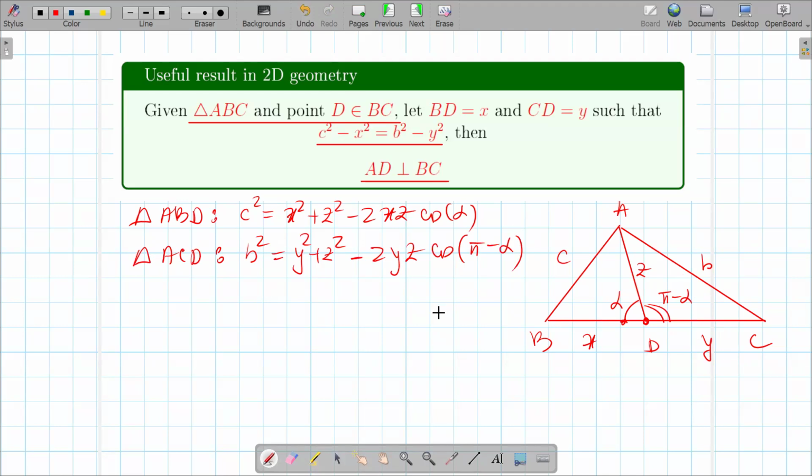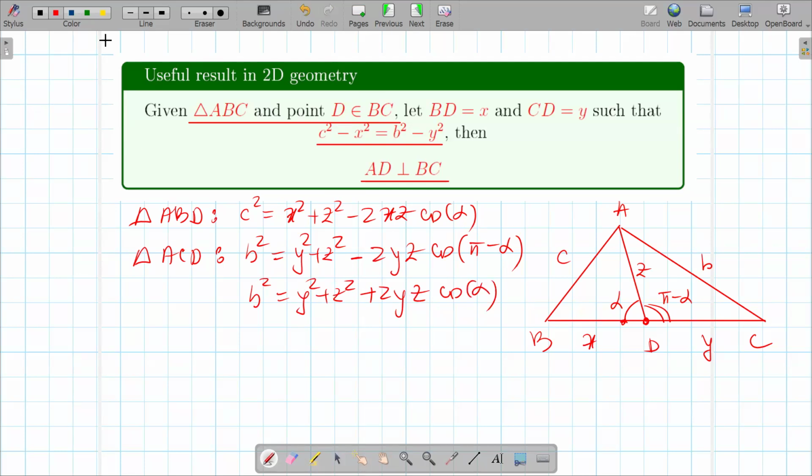Based off of our knowledge in trigonometry, cos of pi minus alpha is negative cos of alpha, so a negative sign and another negative sign here. So b squared is equal to y squared plus z squared plus 2yz cos of alpha, no?